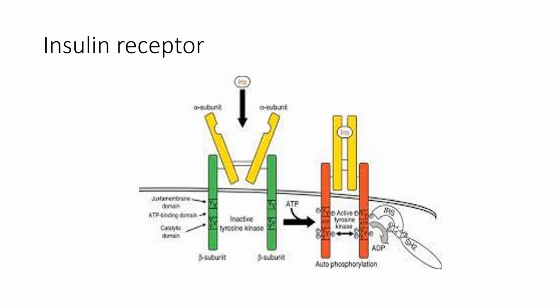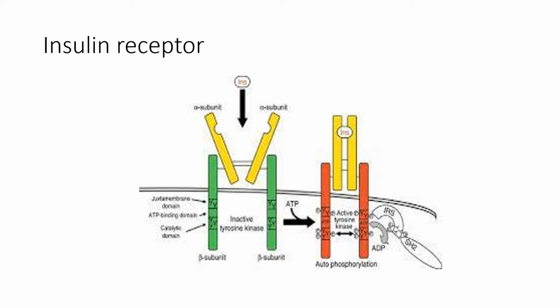If you check the insulin receptor, what happens? It has two alpha chains and two beta subunits. In the alpha subunit insulin will bind, and when insulin binds, in the beta subunit tyrosine will be phosphorylated with the help of tyrosine kinase.